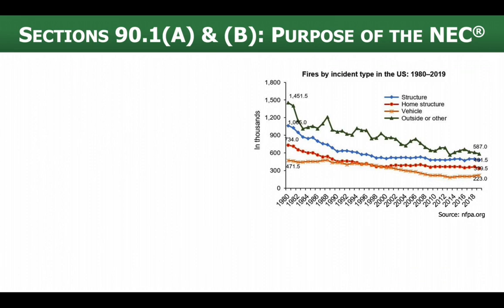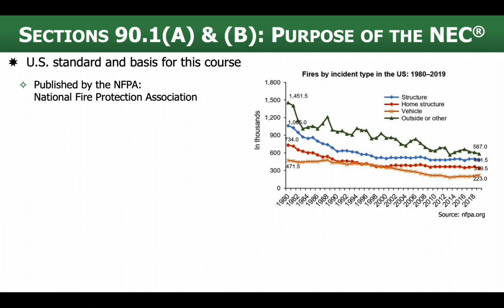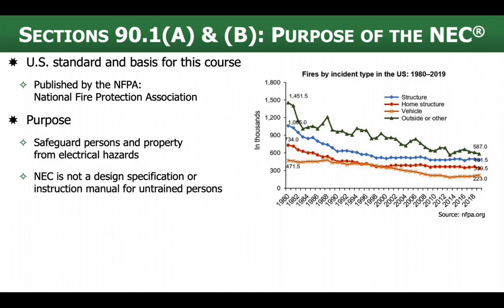So what is the purpose of the National Electrical Code? This is laid out in sections 90.1(A) and (B). Where does this come from? This comes from the National Fire Protection Association. That's the organization that publishes the National Electrical Code. They publish a bunch of other codes and standards as well. Now, fundamentally, keeping that in mind, we want to realize that the purpose of the NEC is to protect people and property from electrical hazards.